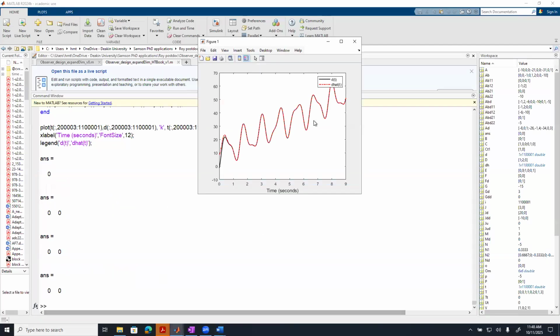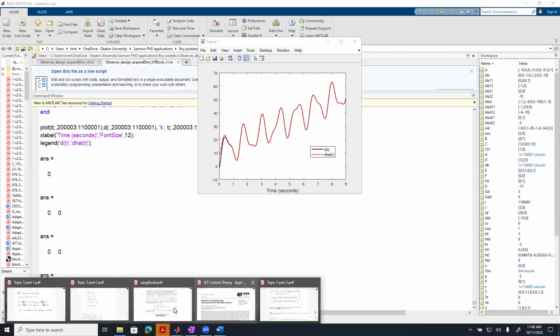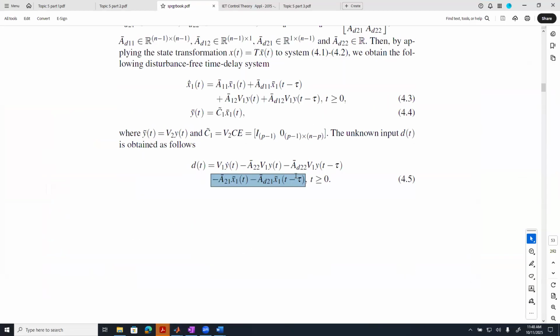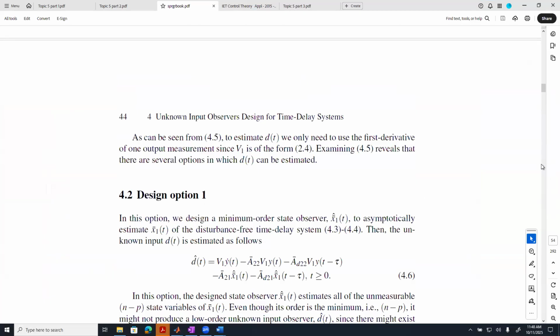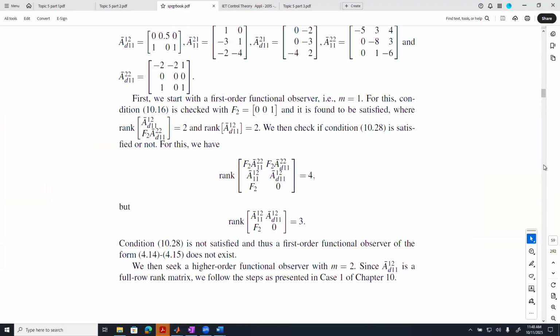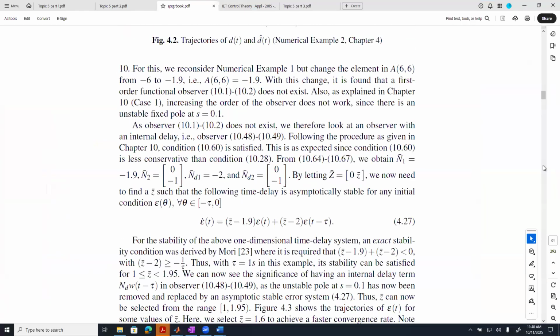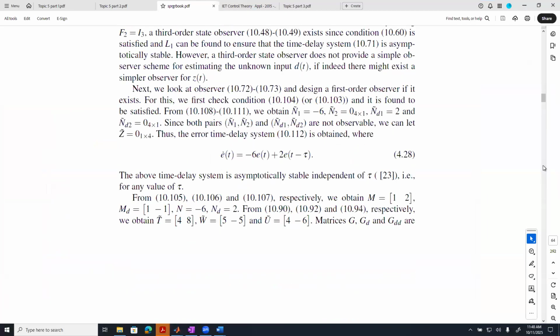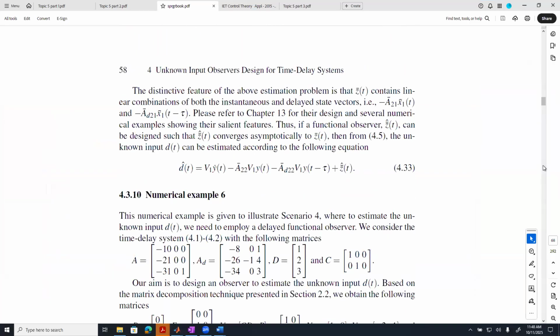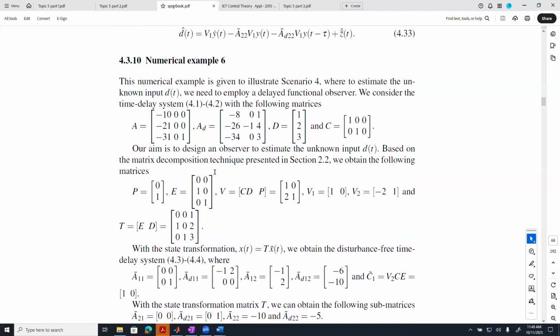And this one is actually the one that was shown in chapter 4, example 6. And just to remind everyone, in chapter 4, example 6, scenario 4, this is the one.